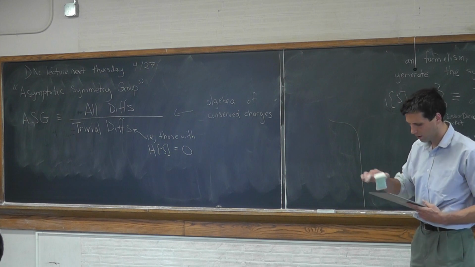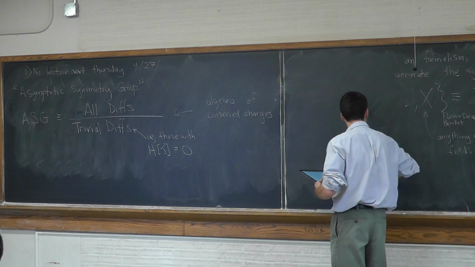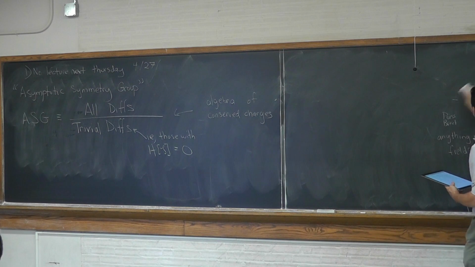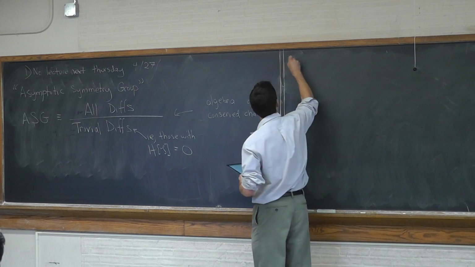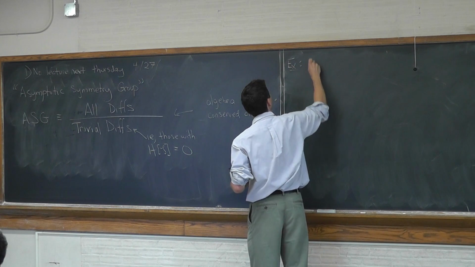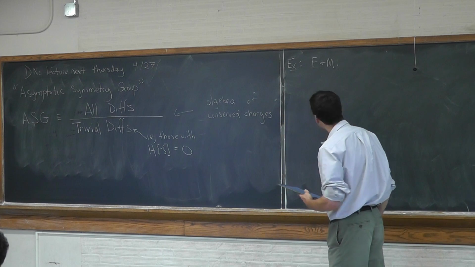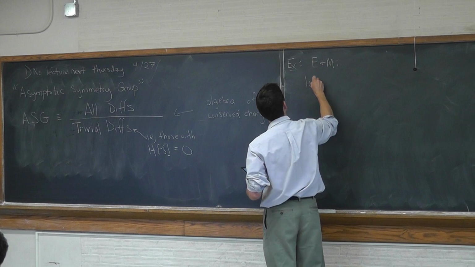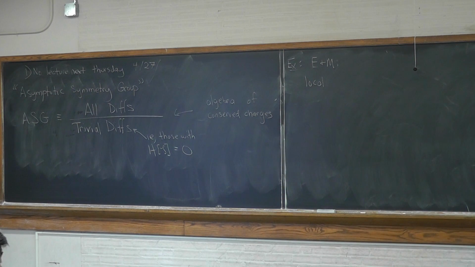Okay, so the asymptotic symmetry group is more general than just GR. It shows up in gauge theory. The simplest example, as I said, is in E&M. So this gives some good intuition for asymptotic symmetries. Electromagnetism has an infinite number of gauge transformations that you can do, right?